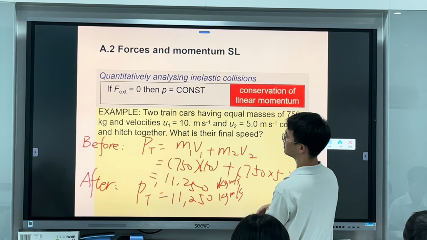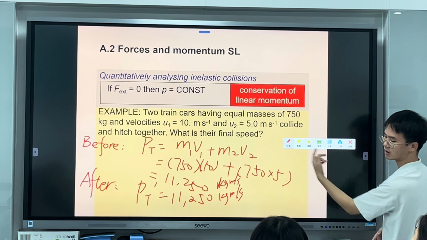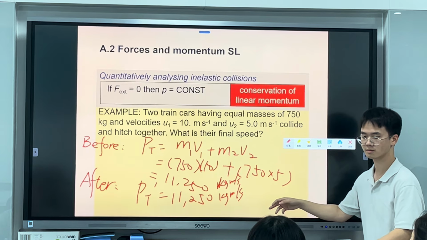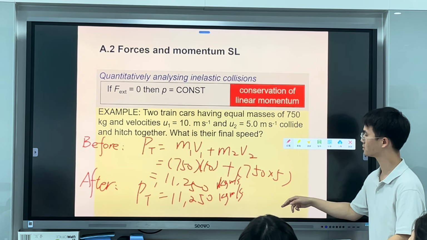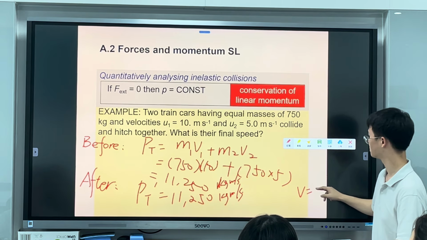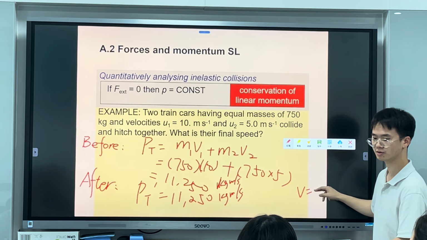Then they hitch together. How do you find their final speed?